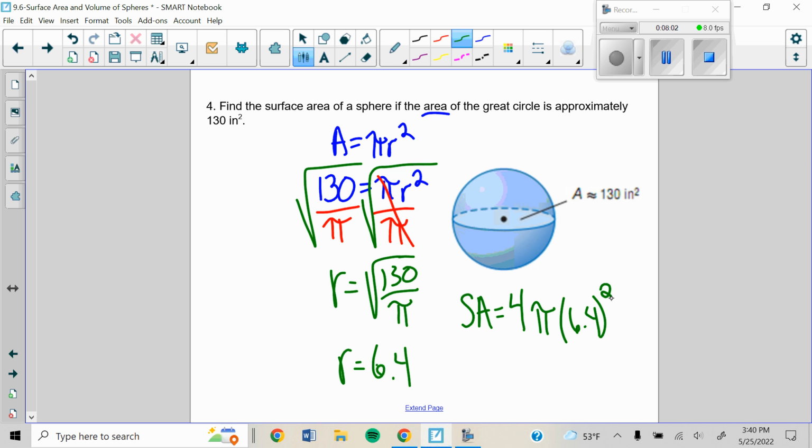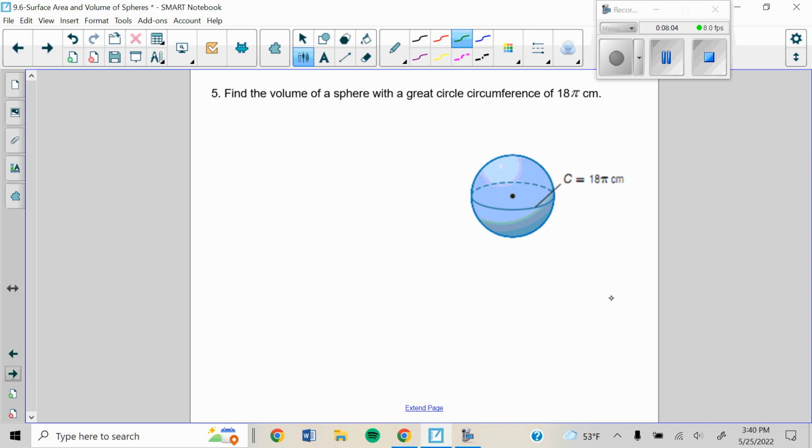All right, so we have one more before we talk about hemisphere. So this one asks for the volume, and our great circle has a circumference of 18 pi. So circumference, remember, was diameter times pi. So let's go ahead and put 18 pi is equal to diameter times pi.